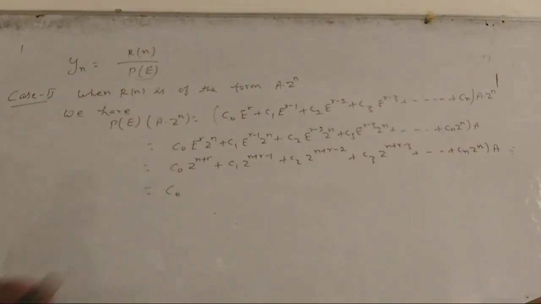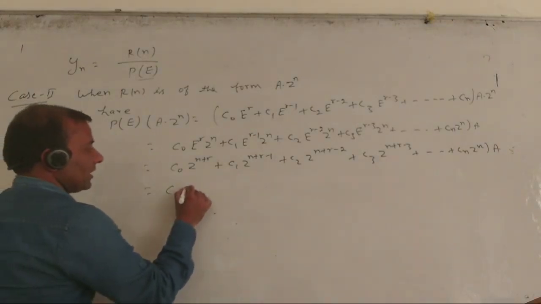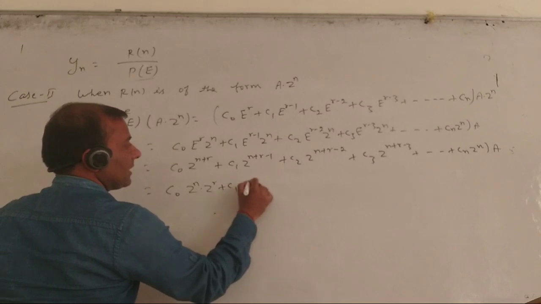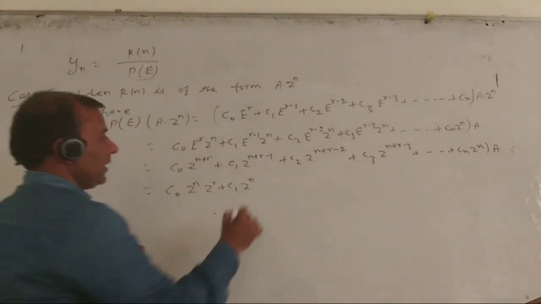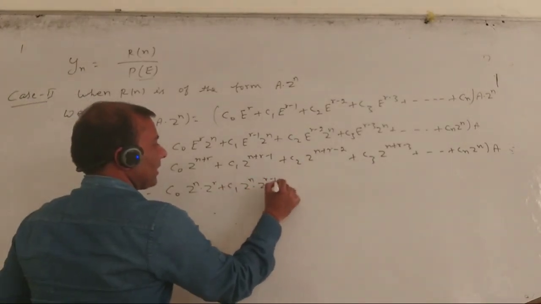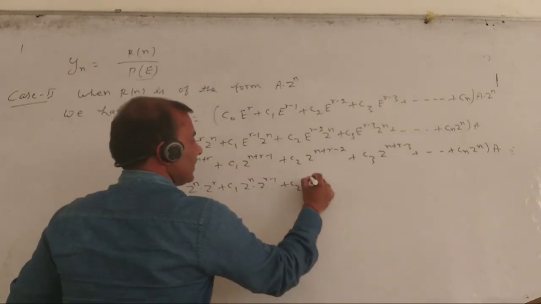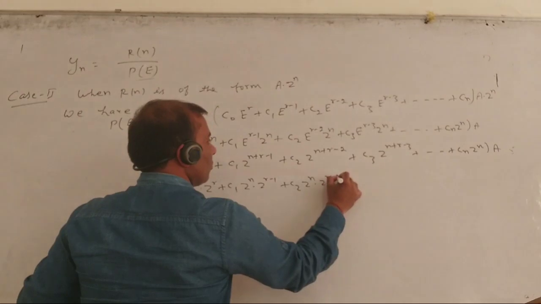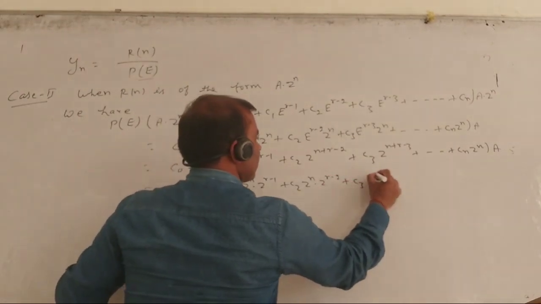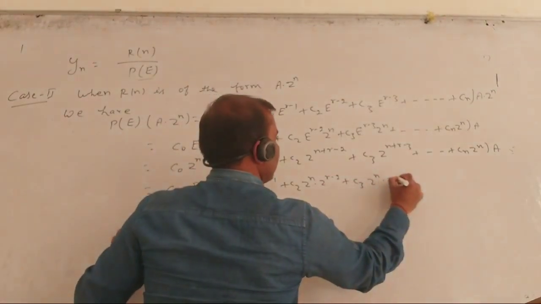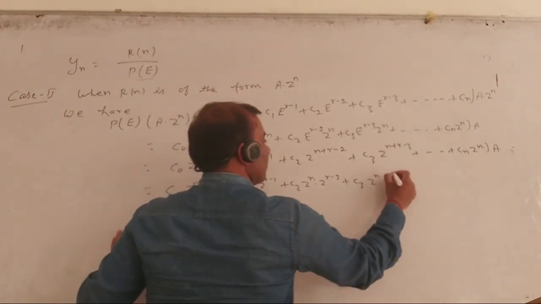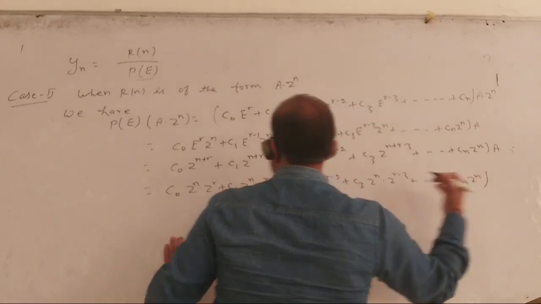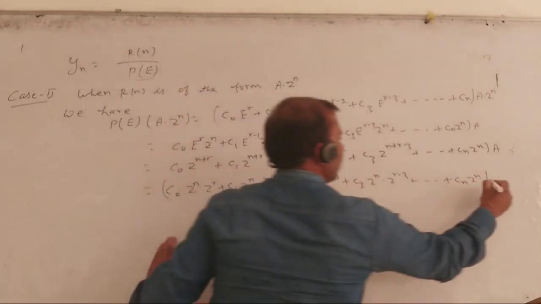Again we can write Z^(n+r), that is Z^n into Z^r, plus C1 Z^n into Z^(r-1) plus C2 Z^n into Z^(r-2) plus C3 Z^n into Z^(r-3) and so on, plus Cn Z^n into A.